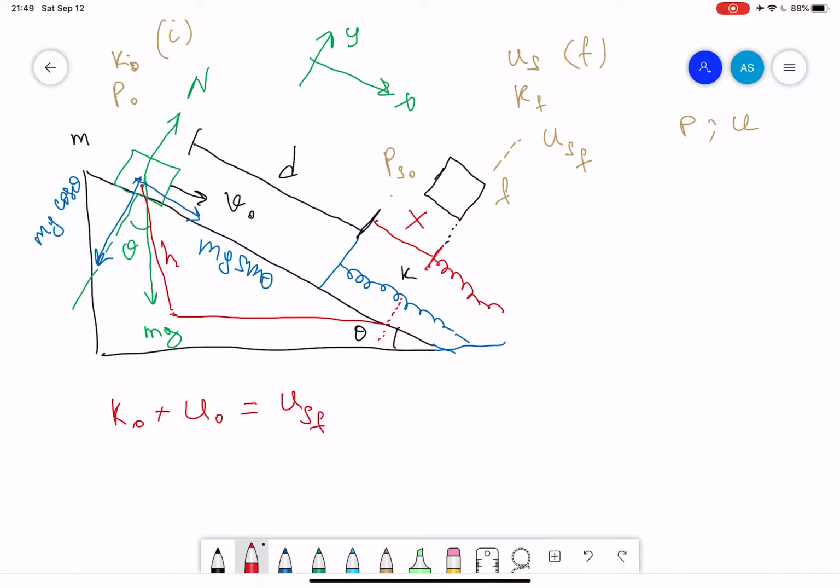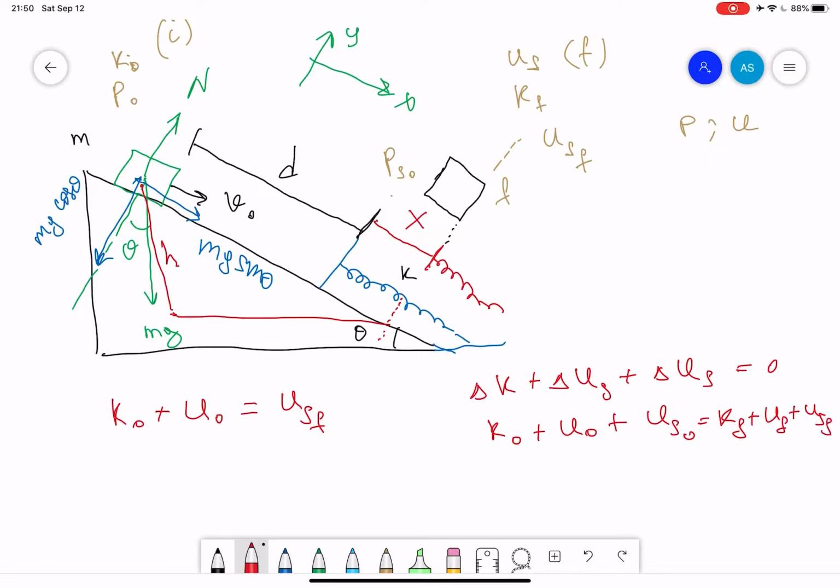Or you can write this equation where the change in kinetic energy plus the change in potential energy plus the change in spring potential energy is equal to 0. Or you can say kinetic energy initial plus potential energy initial plus spring potential energy initial is equal to kinetic energy final plus potential energy final plus spring potential energy final.